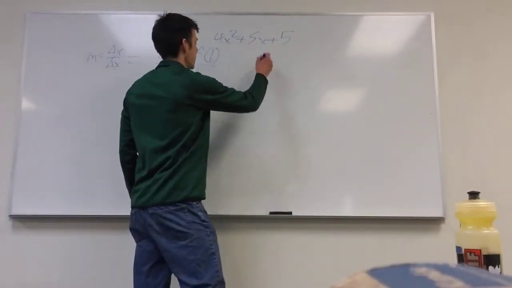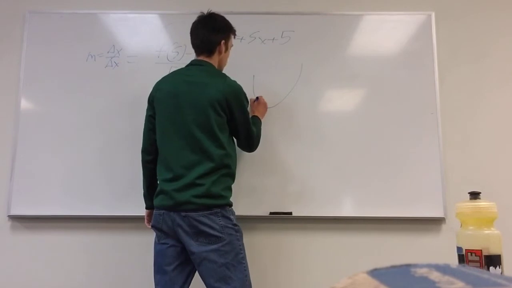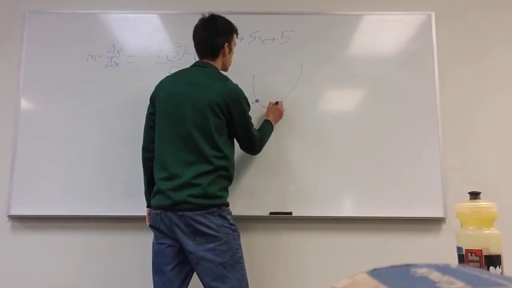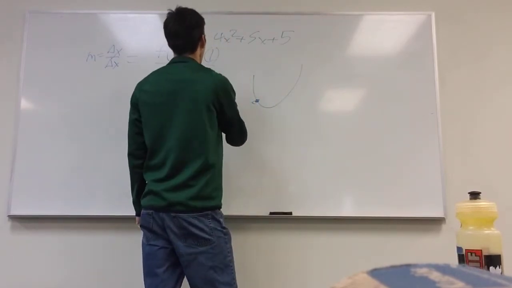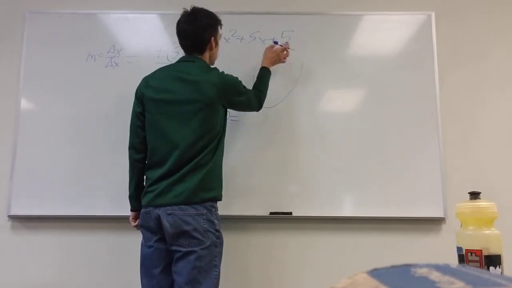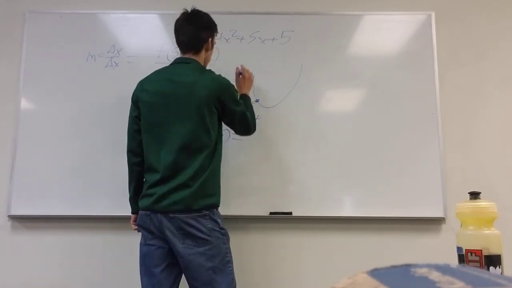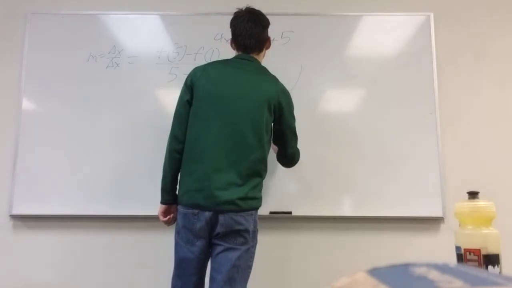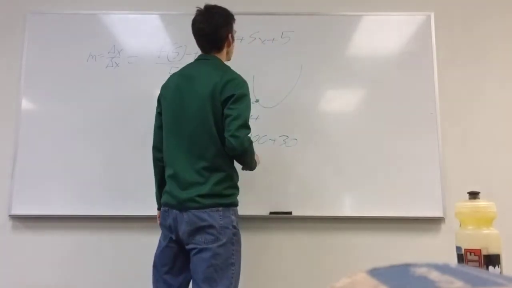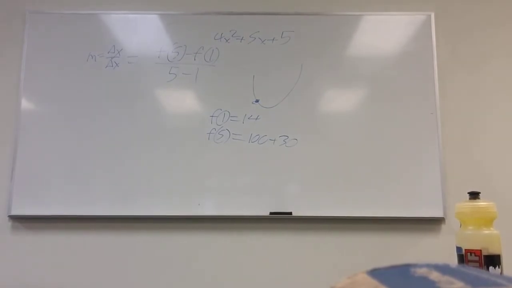So say this thing goes like this, here's 1. f of 1 is 4 plus 5 is 14, and then f of 5 is 25, 100 plus 30, so 130, right? 4x squared plus 5x plus 5, yeah.